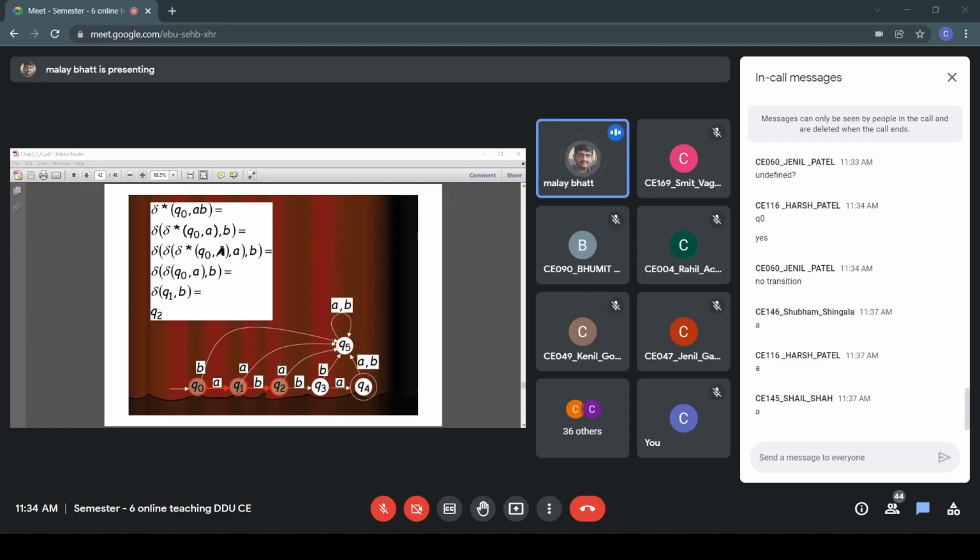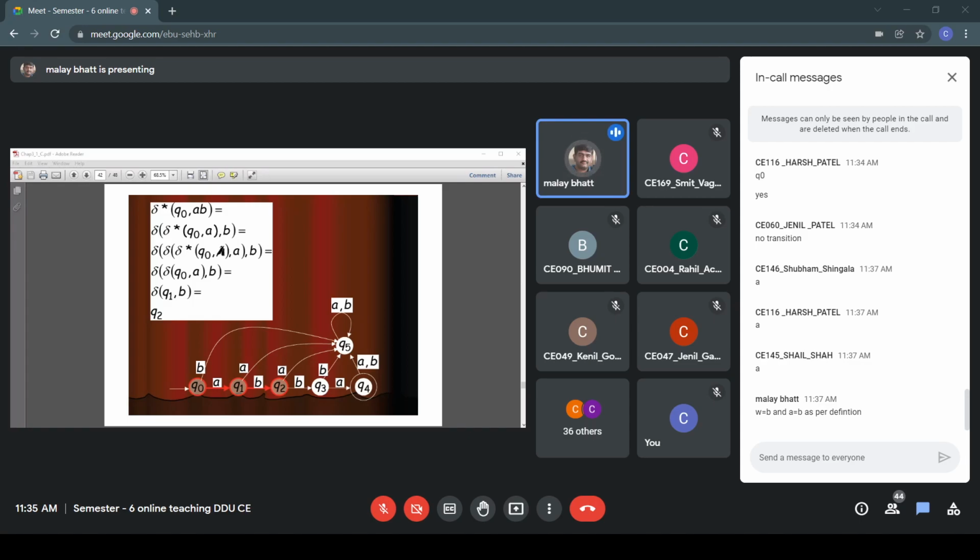So delta star of q0 comma wa. As per the definition, we are writing delta of delta star of q0 comma a, comma b. That is what we are writing as per the recursive definition, as per rule number 2: delta of delta star of q comma w, comma a.